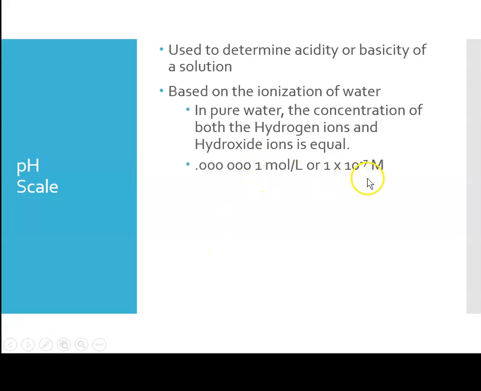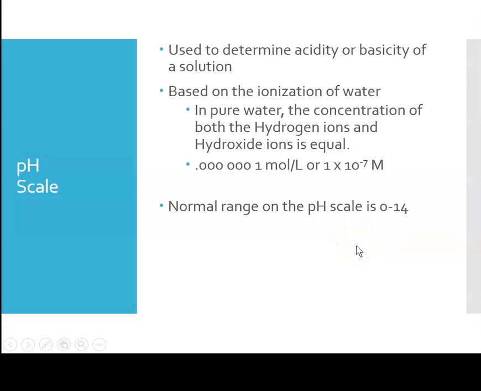Here we go with that number again. Here's our concentration. 1 in every 10 million pairs will become that number, 1 times 10 to the negative 7. Normal range for a pH scale is 0 to 14.